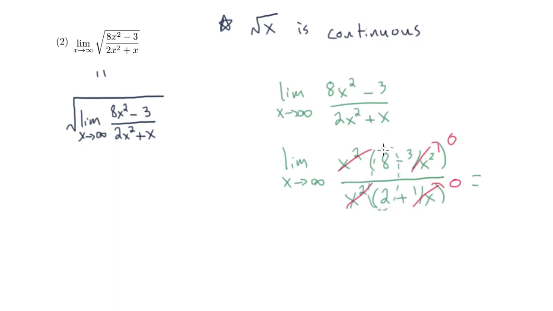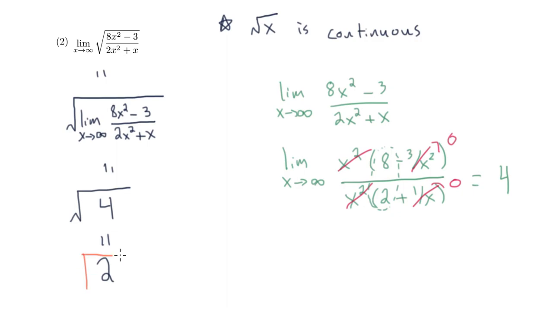And that's consistent with our rules about rational functions and their end behavior. So the limit really is 4. So going back to what we're looking for, this limit inside the square root here is 4. So the answer is just square root of 4, which is 2.